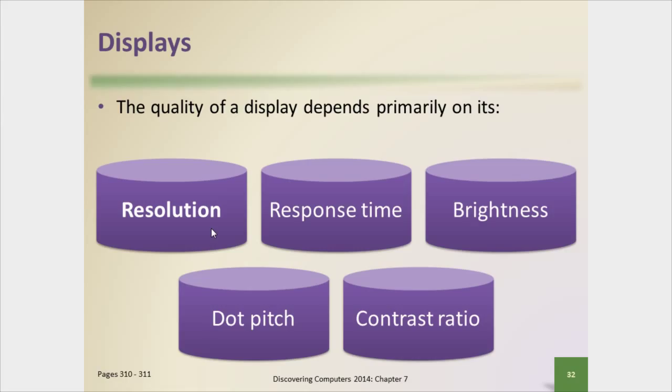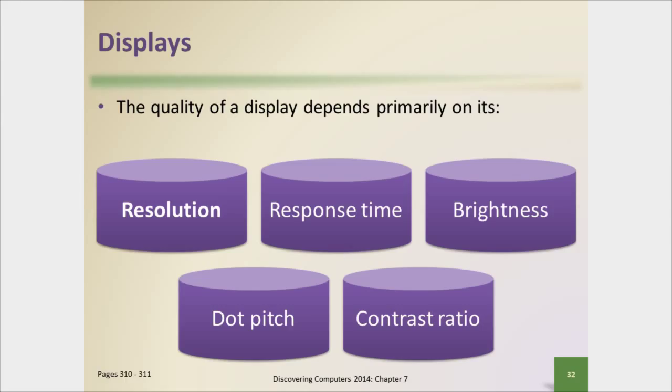So if a lot of detail is very important to you, you're going to want a high resolution monitor. Response time. If you're a gamer, if you like things where there's a lot of images that change scenes really quickly, you want the refresh rate to be really high on your monitor to be able to adjust to those changing scenes quickly. If you're simply reading email and things like that, response time is not as big of an issue for you. Brightness is another issue. If you're in a bright room, if you have lots of windows, and you tend to use that display during the day, brightness may be an issue.